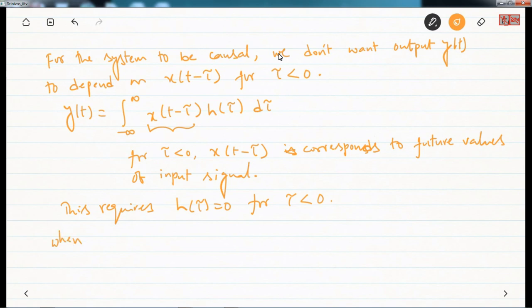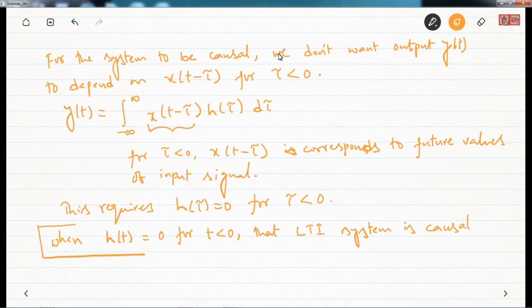So when h of t is equal to 0 for t less than 0, that LTI system is a causal system.